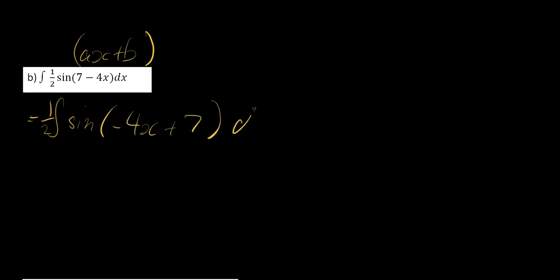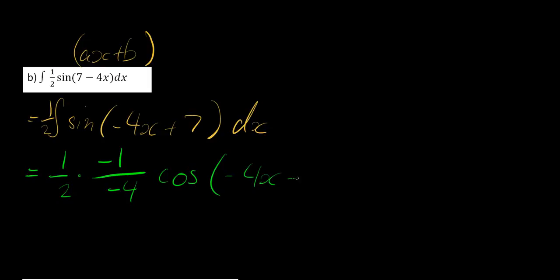So this is another way to view the trig function that you're integrating. So it becomes an even simpler problem now. So it's half multiplied by, now we anti-differentiate sine, you have a negative 1 on a, which is negative 4, cos negative 4x plus 7 plus c.